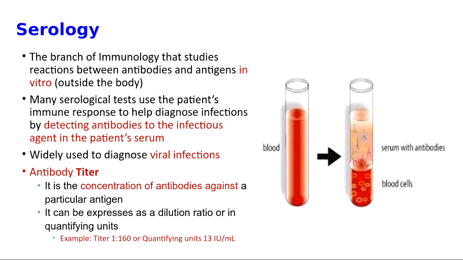Antibody titer gives us an idea of the amount or the concentration of the antibodies in the patient's blood, and depending on the cutoff value that we have, it can indicate whether a patient has immunity against that organism or is non-immune. Just because you receive a vaccine doesn't mean that the patient has immunity.